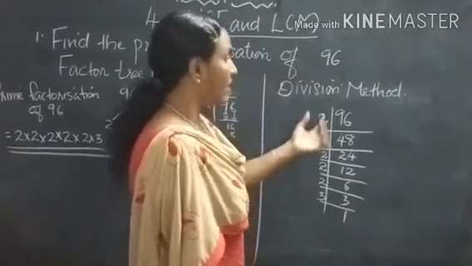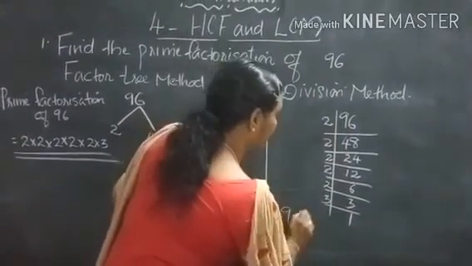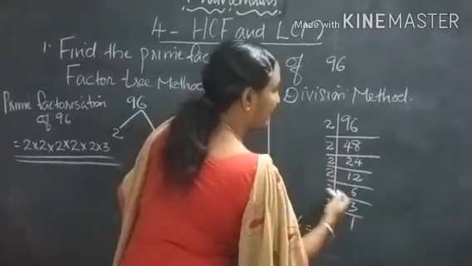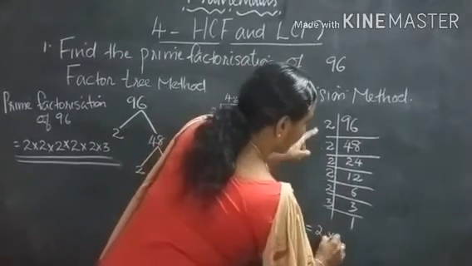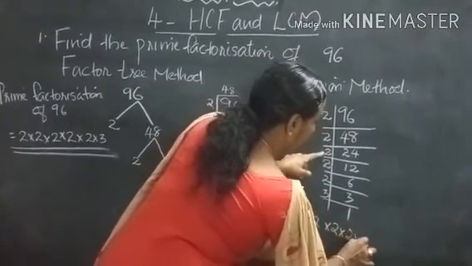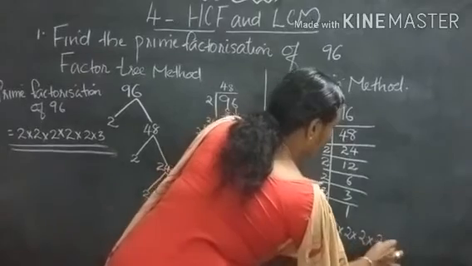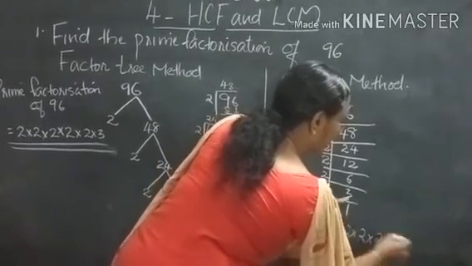So 96 is equal to, multiplying the prime factors, 2 into 2 into 2 into 2 into 2 into 3 into 1. That's it.